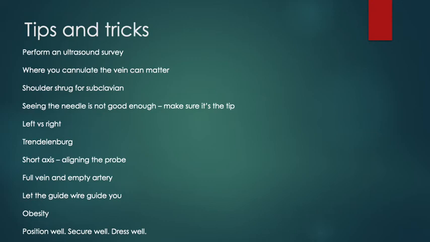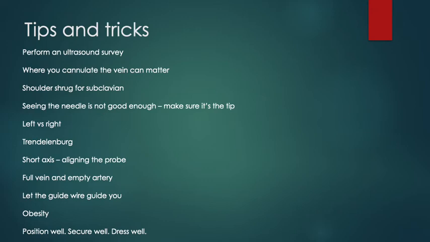Shoulder shrug for subclavian. Now, I think I skipped over this a little bit earlier. We can go through it in the workshop, but basically this is something that can be really helpful because of the anatomy of where the subclavian runs. Quite often the clavicle's in the way. It's really quite a pest. Not so much for entering the vessel, but for your placement of the footprint of your ultrasound probe.